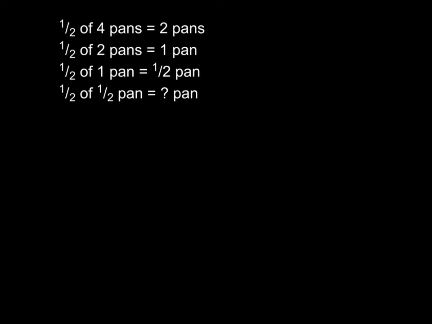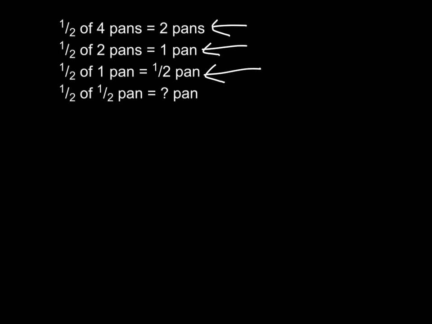These are both unit fractions because they have 1 as the numerator, remember. Here are the problems that we just solved. I'd like you to take a look and see if you notice any patterns. So you may have noticed that each answer, 2 pans divided by 2 equals 1 pan divided by 2 equals 1/2.